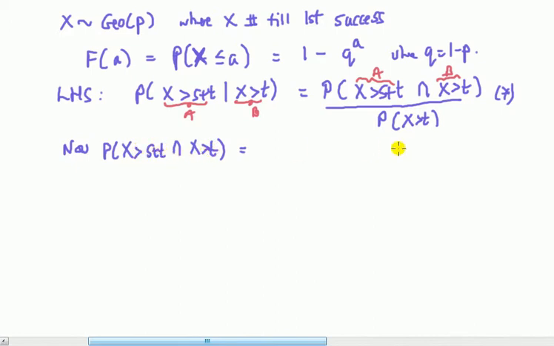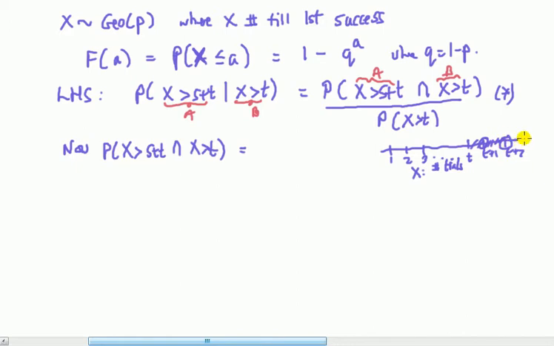So if we have a little line here, a number of trials, 1 trial, 2 trials, 3 trials, and so on, x is the number of trials. So x is bigger than t, so we have to shade all this, actually t plus 1, t plus 2.